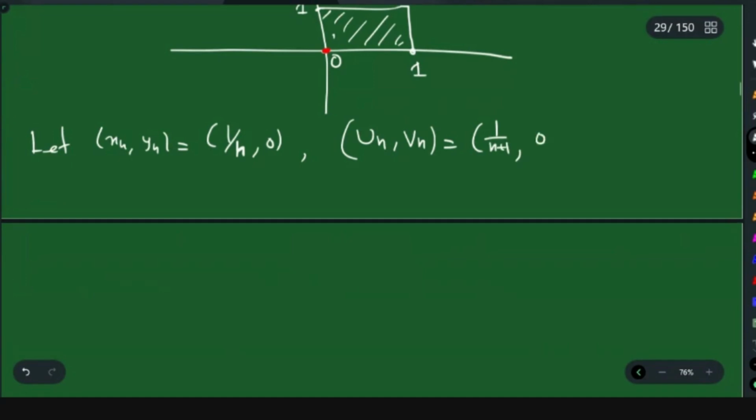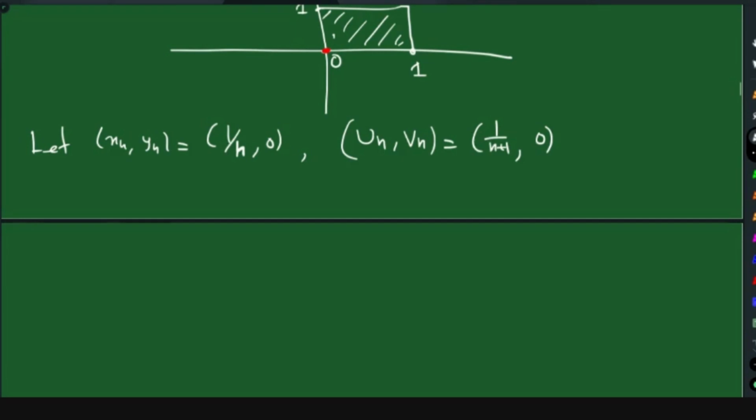So what we have to do is we should construct at least two sequences. Their difference should go to 0, but the difference of the image should not go to 0. If you are able to consider such sequences, we can conclude that this function is not uniformly continuous because it contradicts our definition, right? So let me look at the difference of these two sequences.